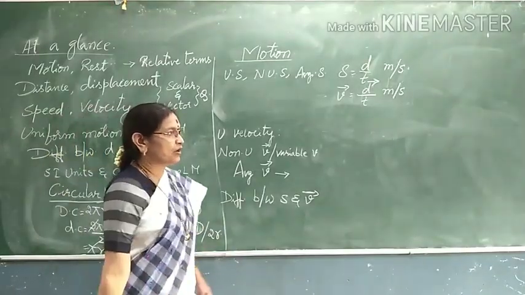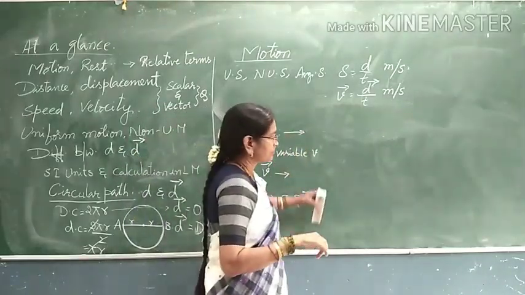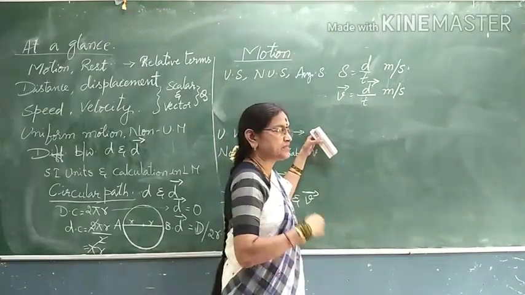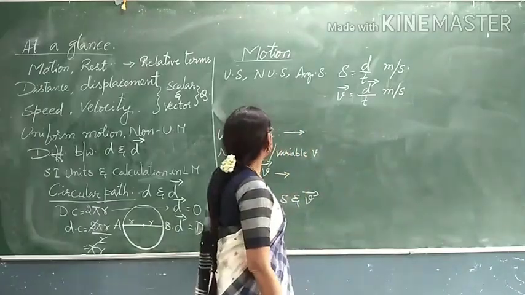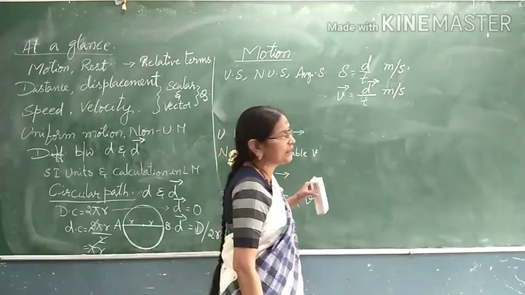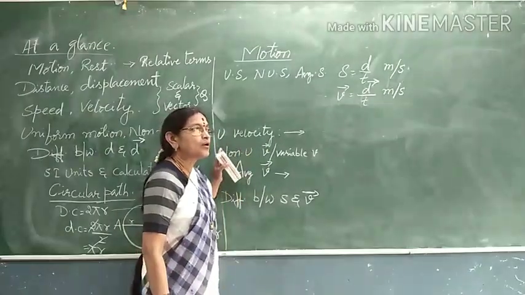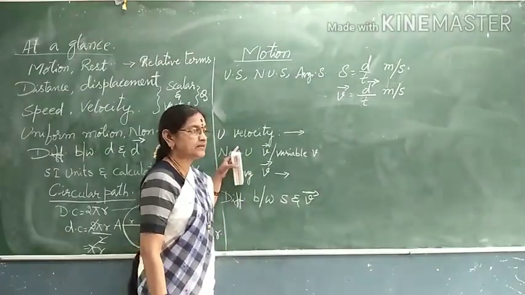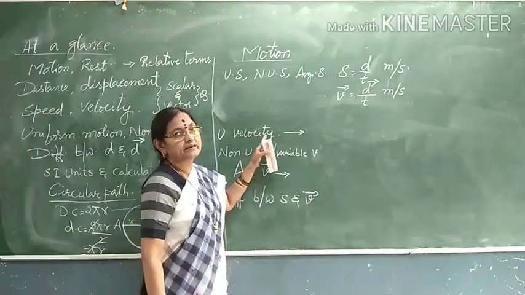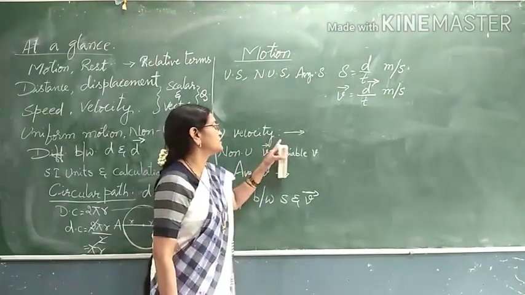Now coming to uniform velocity. What is uniform velocity? When a body is moving and displacing equally in equal intervals of time, it is called uniform velocity, or constant velocity.